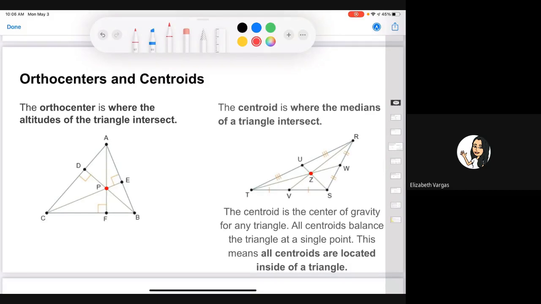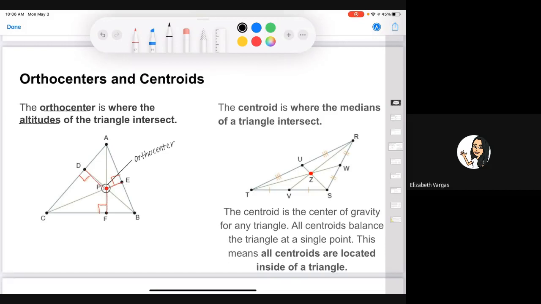So our altitudes here would be this one, and this one. So the orthocenter is going to be basically where those different altitudes intersect. So this point right here is our orthocenter. Okay, whenever you think of orthocenter, you want to think of altitudes.